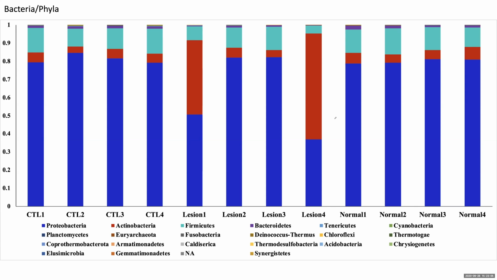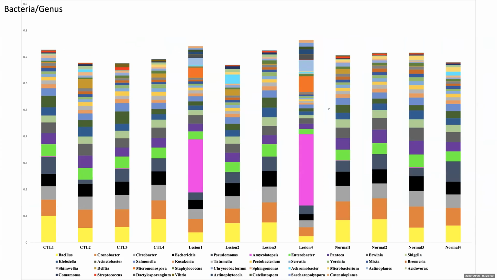In the next step, we looked at these bacteria at the genus level by mapping all those unmapped reads to the prokaryotic reference genome to see what genus of bacteria we have.